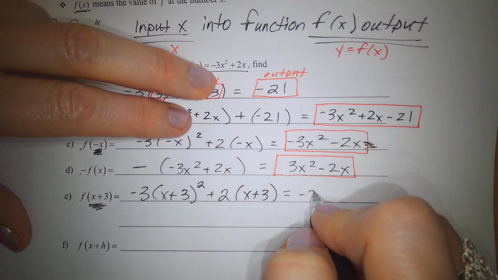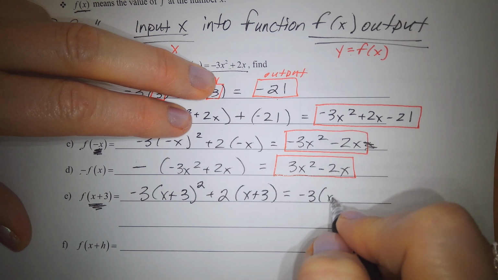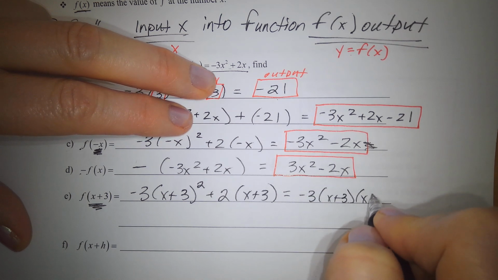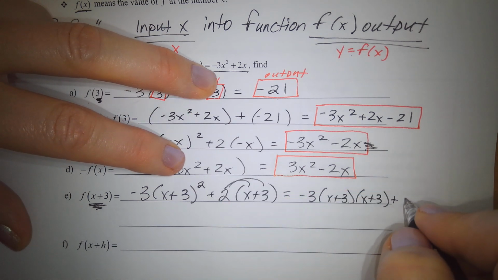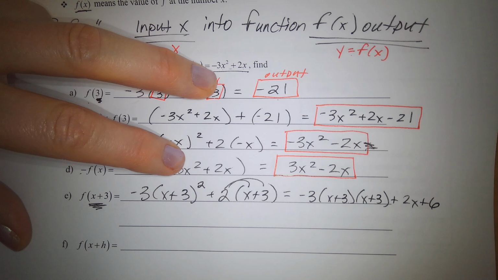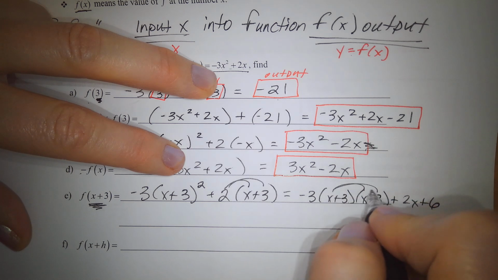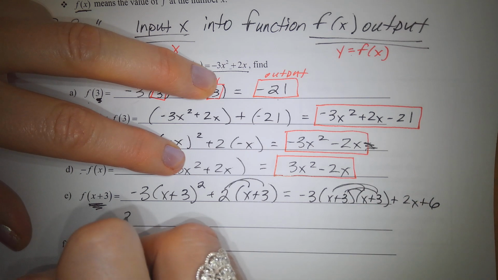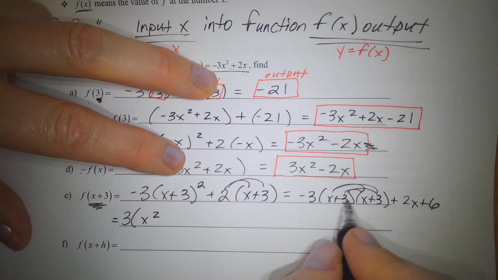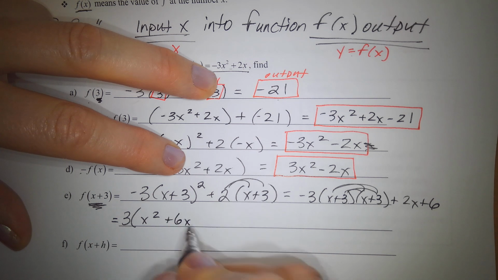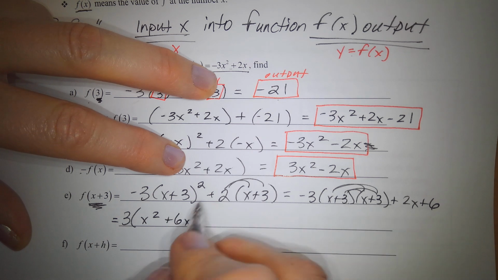So this is actually negative 3 times x plus 3 times x plus 3 plus, I'll go ahead and distribute this, 2x plus 6. So let's FOIL. x squared plus 3x plus 3x, so that's plus 6x plus 9.